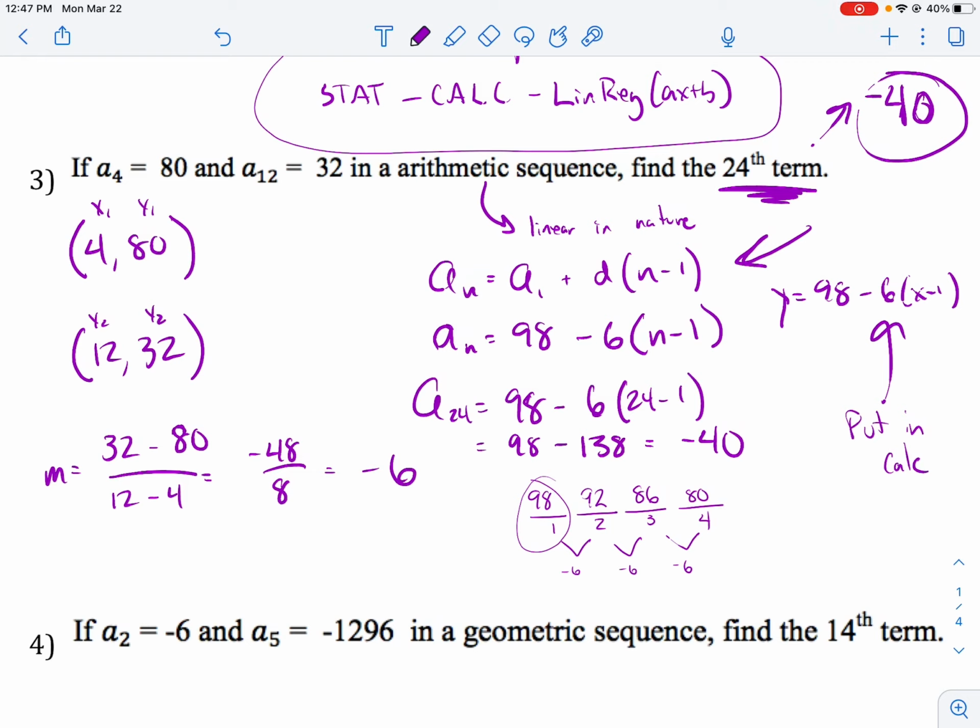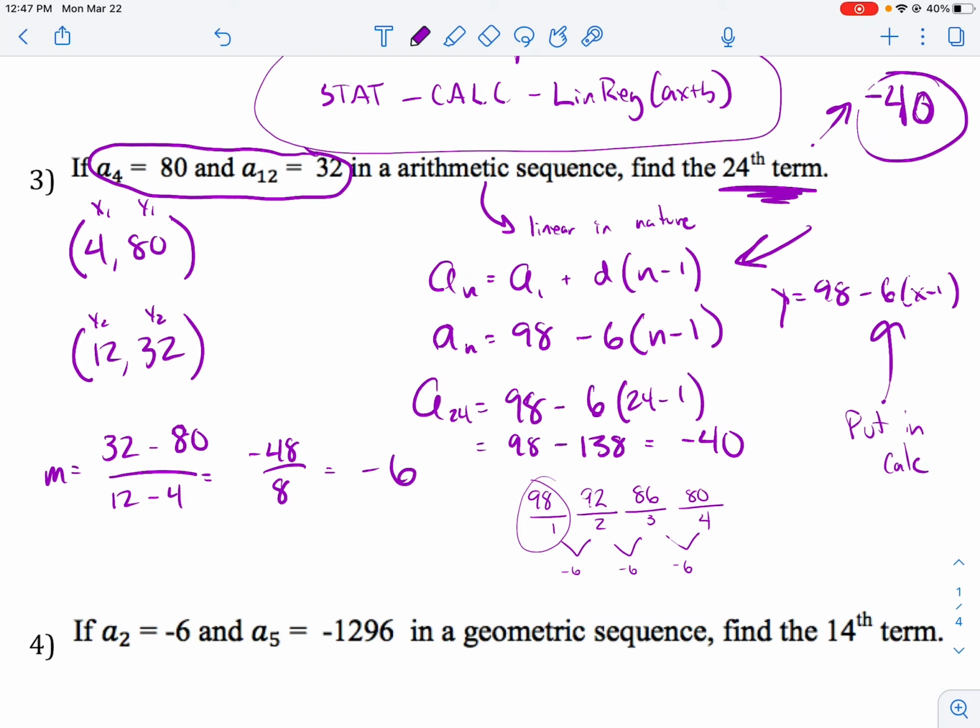Now, if you look down into number 4, we could technically use our calculator for this as well. Remember, there's no wrong way to eat a Reese's. We could have plugged these into our L1 and our L2 and then found the equation that way, and then found our 24th term.